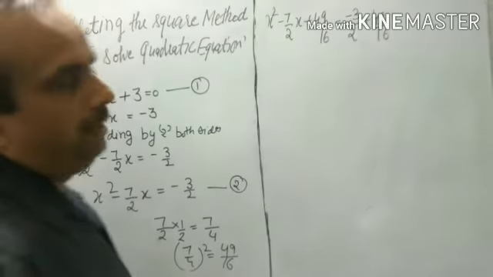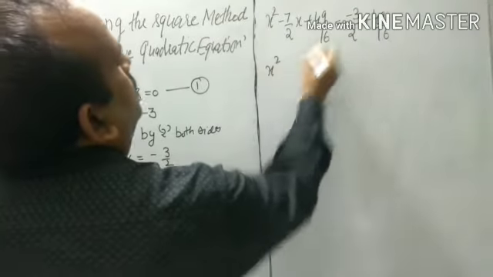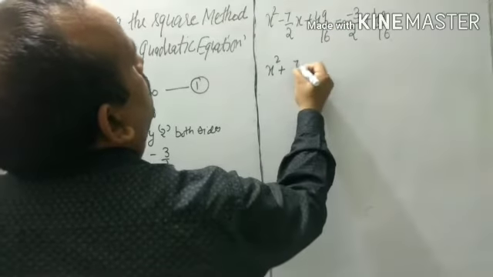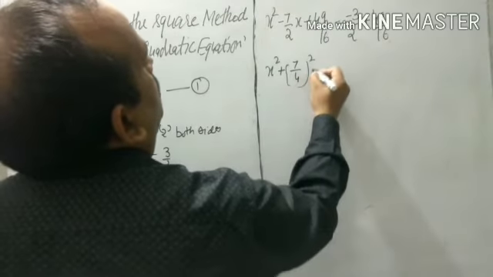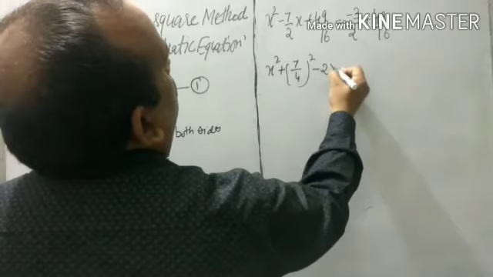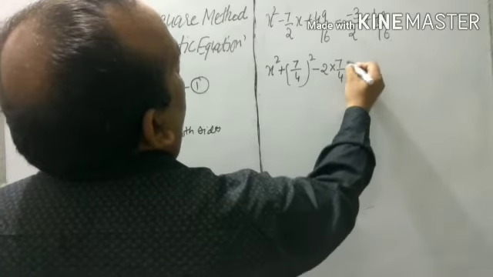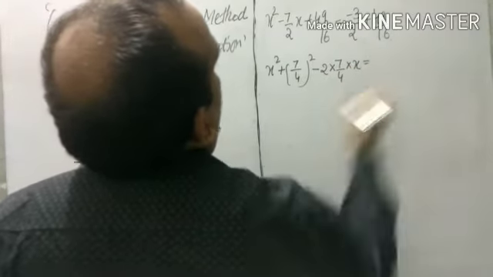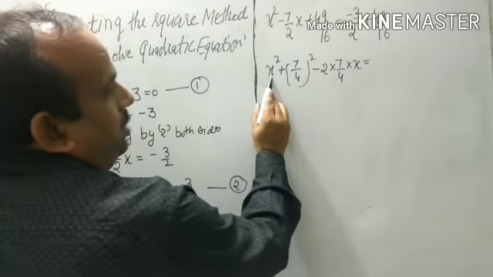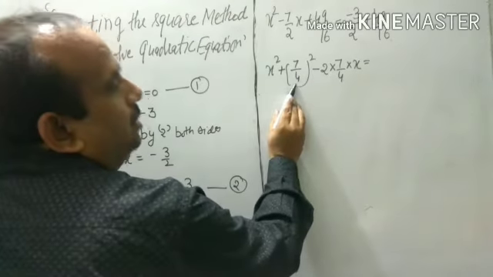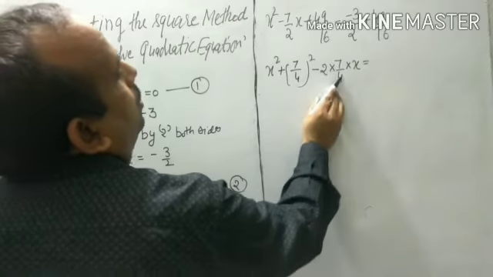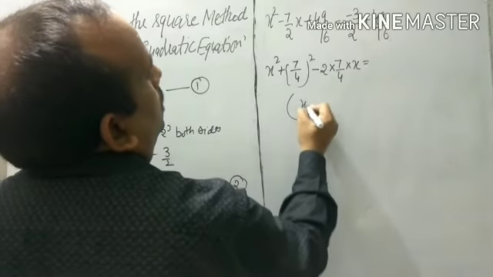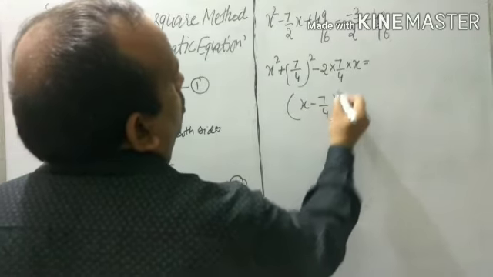Now what will these three terms make? This is x square, this is 7 by 4 square, and this term can be written as minus 2 into 7 by 4 into x. If we simplify that, a square plus b square minus 2ab is a minus b whole square.